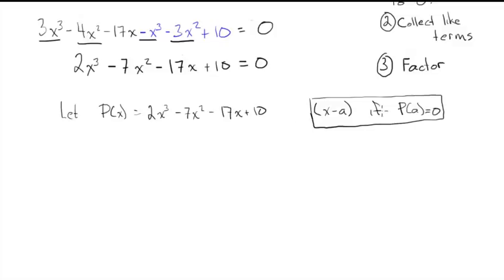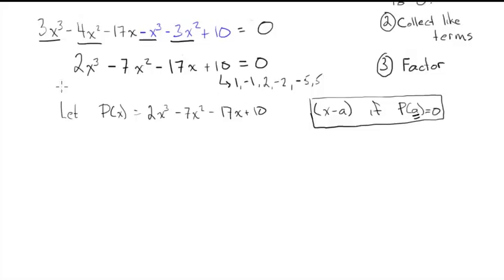The way we're going to decide on what values to try for a is first we would try numbers that are factors of this last number. So always 1 and negative 1 are good guesses. 2 and negative 2 for this one, because 2 and negative 2 divide 10. Negative 5 and 5 also divide 10.